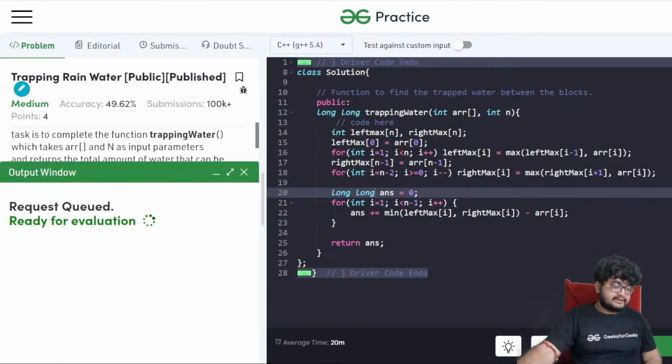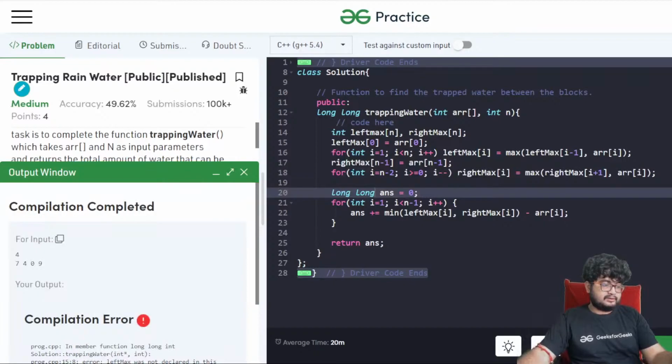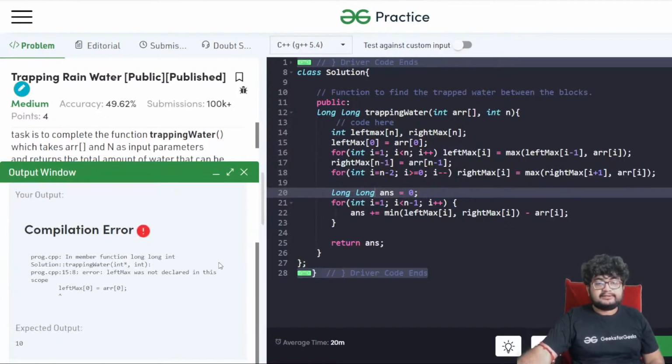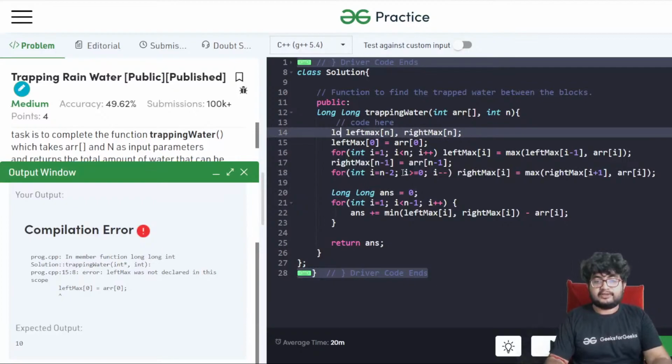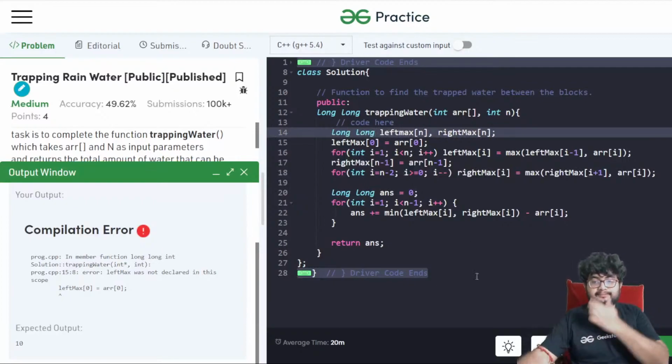Let's try to run this. Try doing it in order of 1. I explained the logic. Try doing it. Left max is, let's have this, I believe.